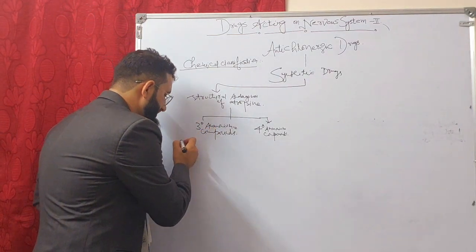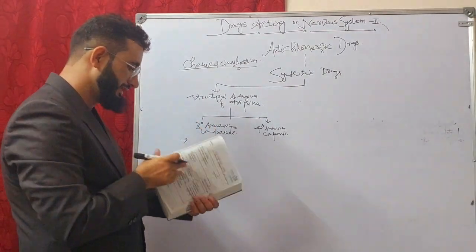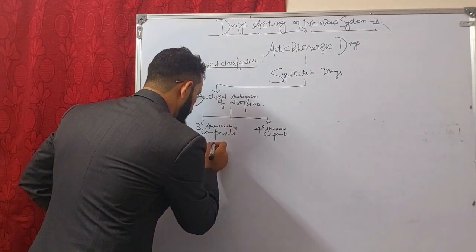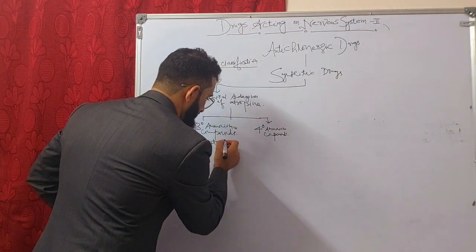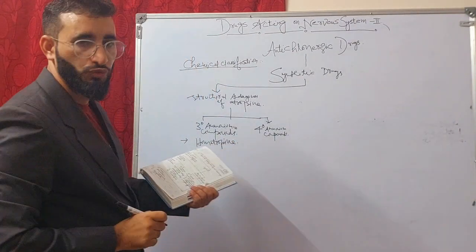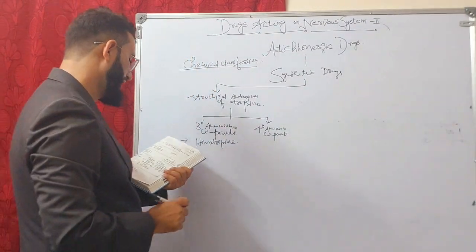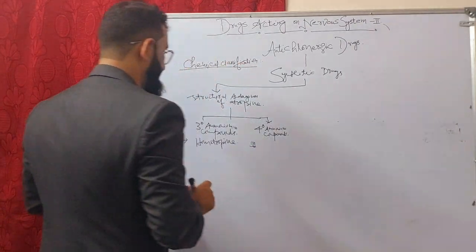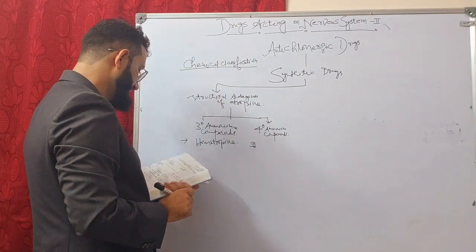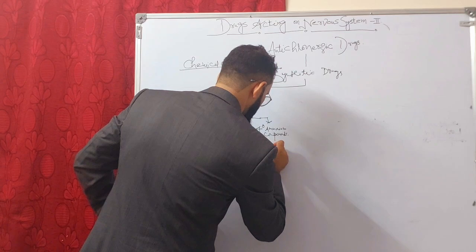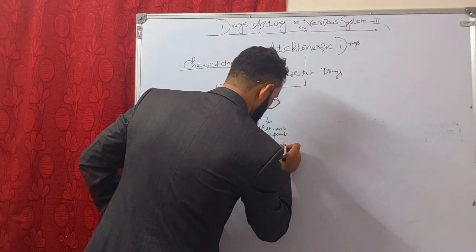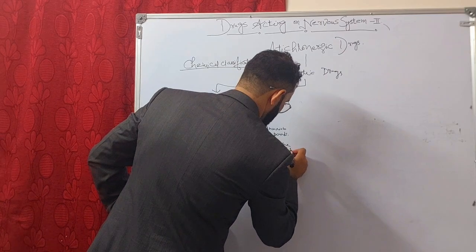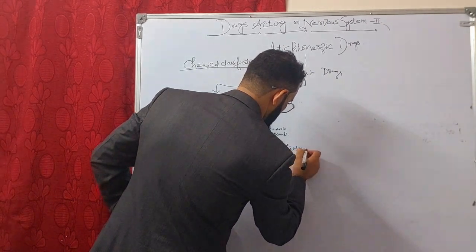In the class tertiary ammonium compounds we have the example homatropine. And here, in the quaternary class, we have atropine methyl nitrate.